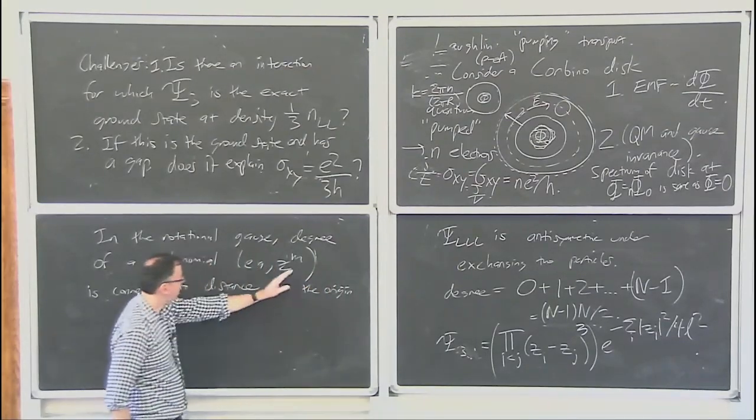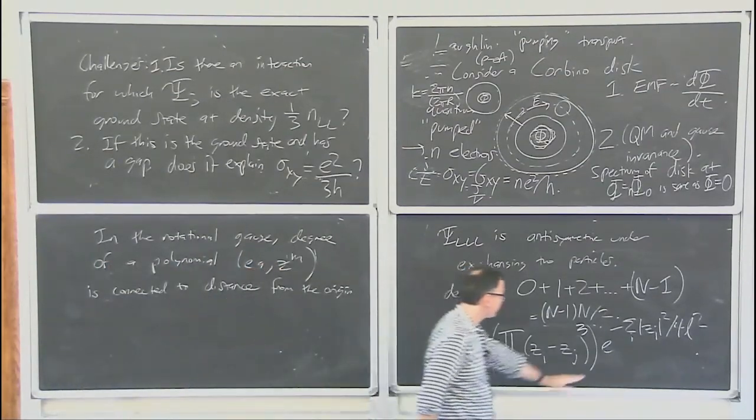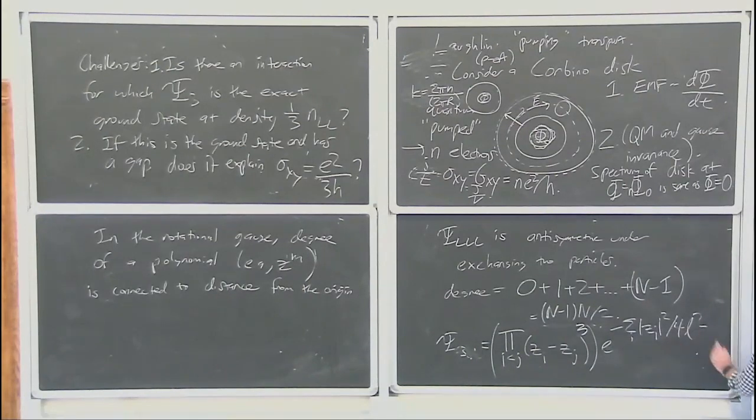As I drew before, as I increase m, these orbitals are rings that move farther out. There's always this same exponential factor, that's important, that keeps things from flying off to infinity.